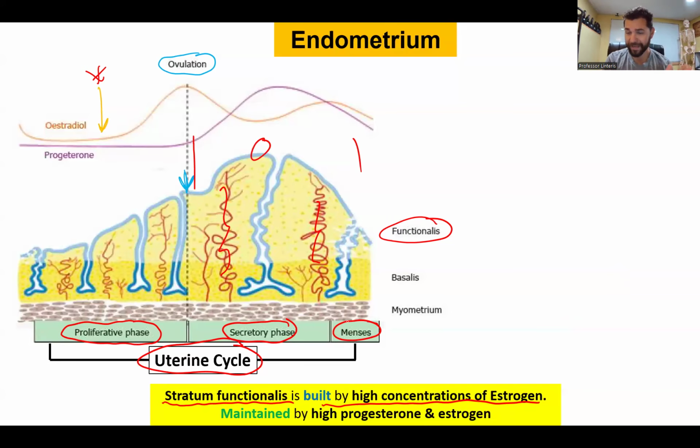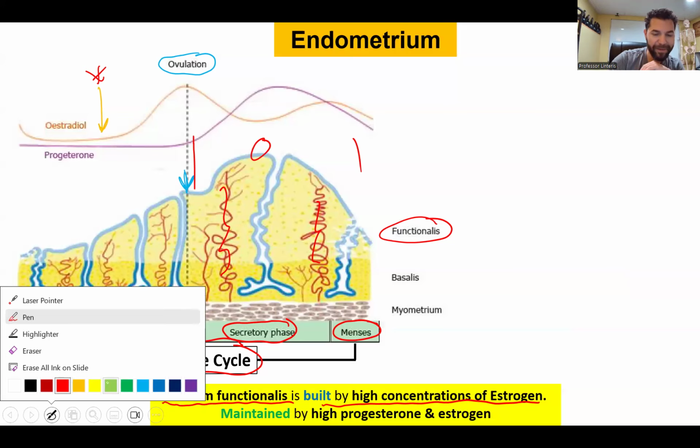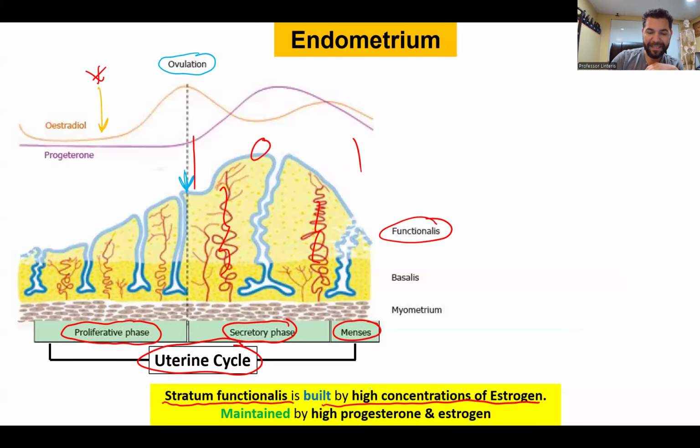And then we reset it to do all over again next month. So a couple key factors. Obviously, the estrogen is promoting that proliferative phase. And then the maintenance during that secretory phase is from both estrogen and progesterone.